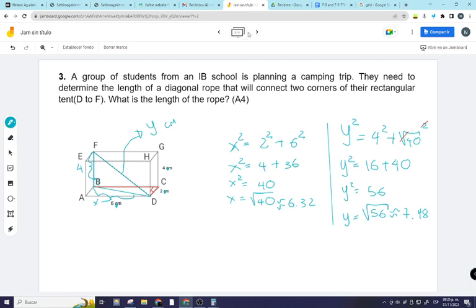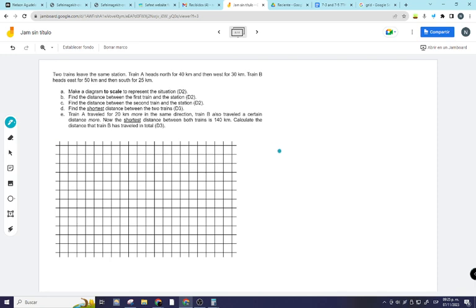And finally, the last point, criterion D. Two trains leave the same station. In part A, we have to make a diagram to scale representing the situation. So I am going to do it in this grid.